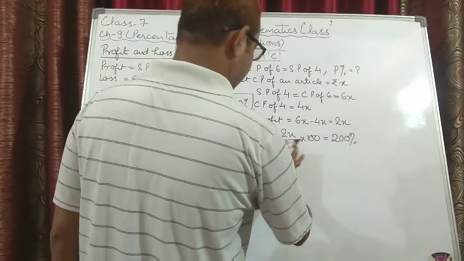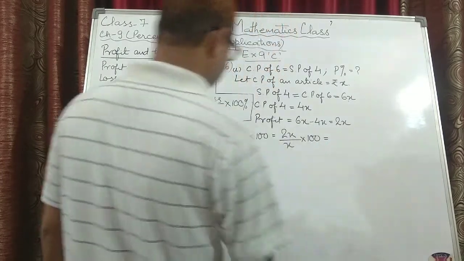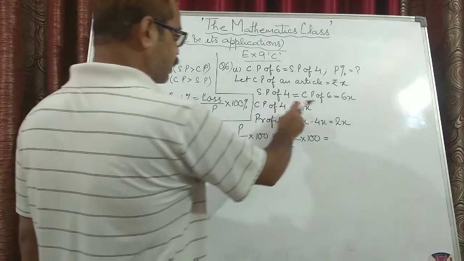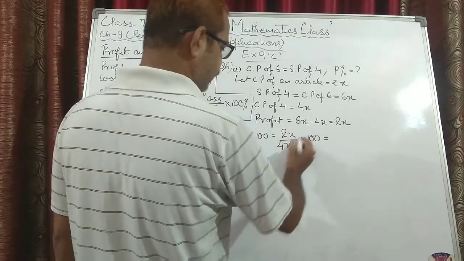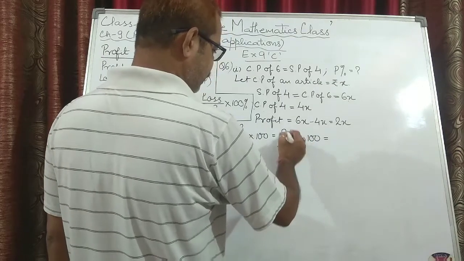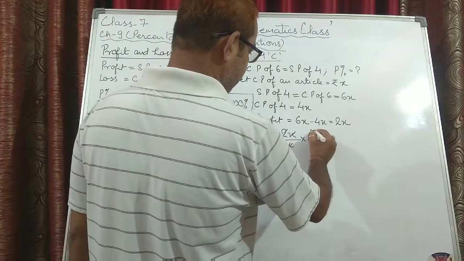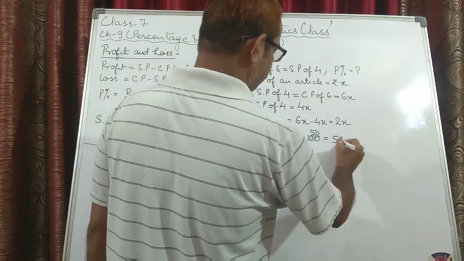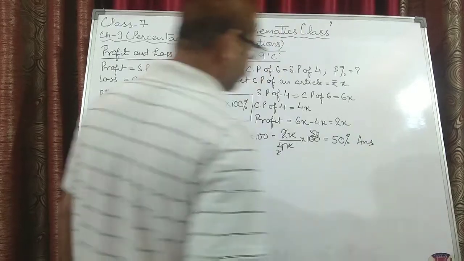There is a calculation error. The cost price of 4 articles was 4X, and I missed out writing 4. So it is 2X upon 4X into 100. X and X cancel, 2 2s are 4, and 2 50s are 100. So the profit is 50%. That is the final value.